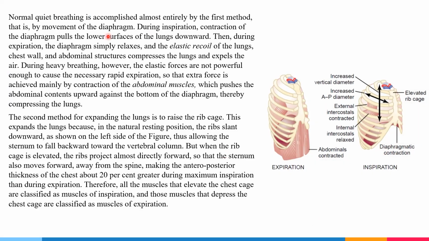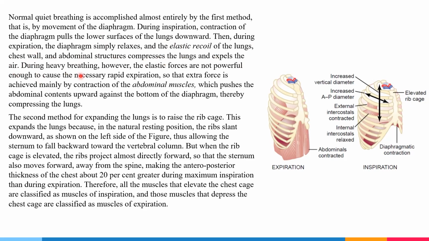Normal quiet breathing is accomplished entirely by the first method, that is by the movement of the diaphragm itself. During inspiration, the contraction of the diaphragm pulls the lower surfaces of the lungs downwards. Then during expiration, the diaphragm simply relaxes and the elastic recoil of the lungs, chest wall and abdominal structures compresses the lungs and expels the air.